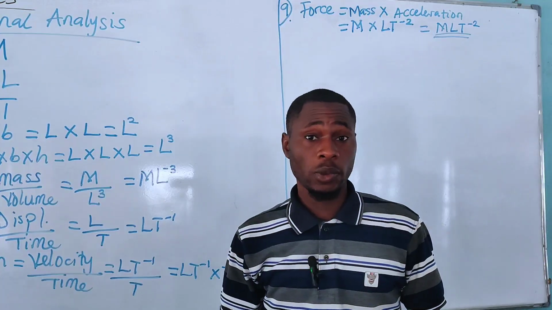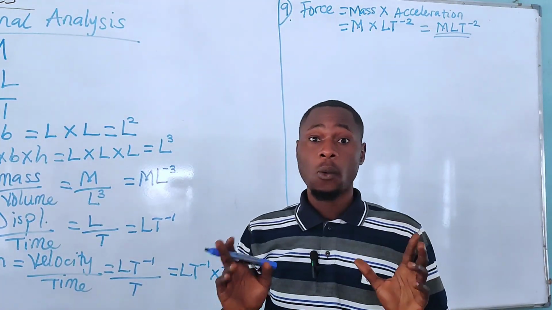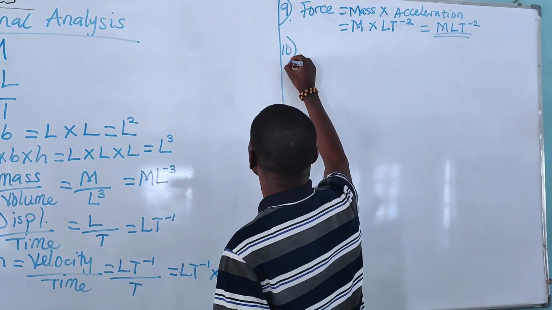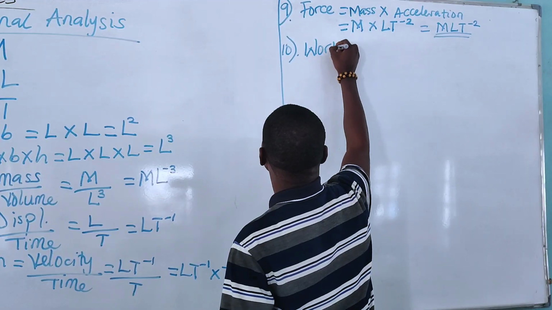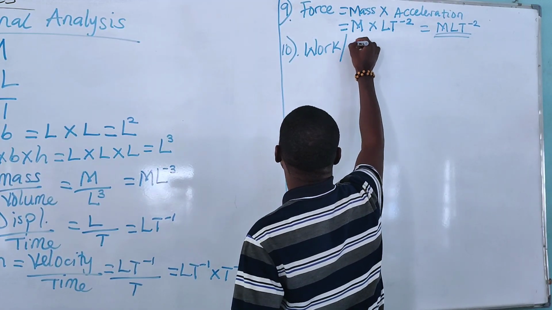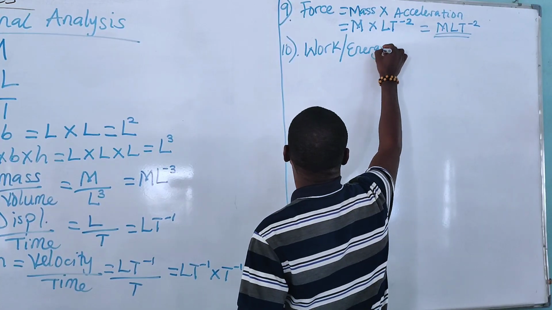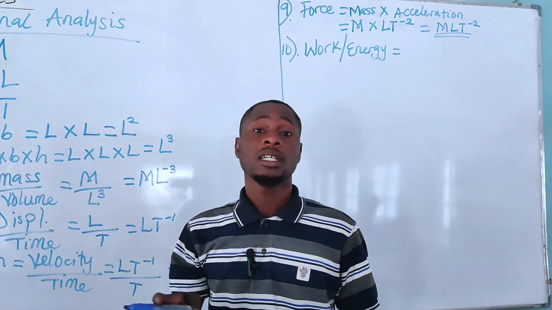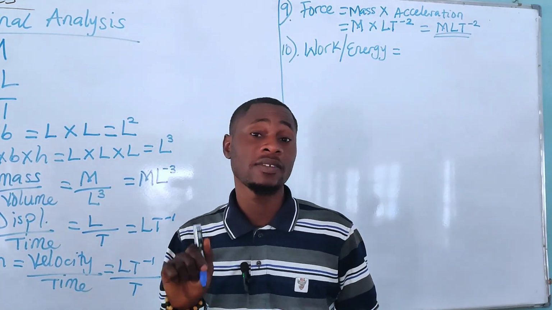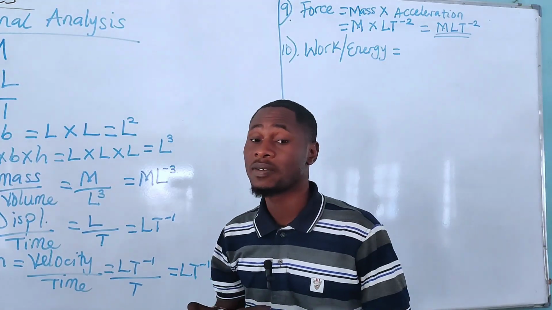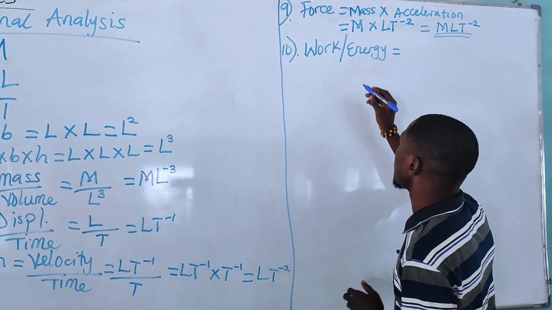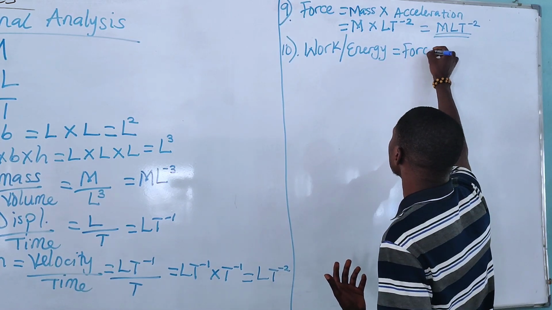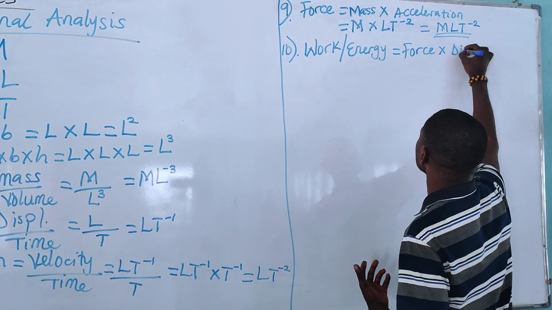Now the next quantity we will be looking at is work done. So let's look at the dimension of work or energy. Both work and energy have the same dimension. Remember, they also have the same SI unit. And work we know is defined as the product of force times distance.